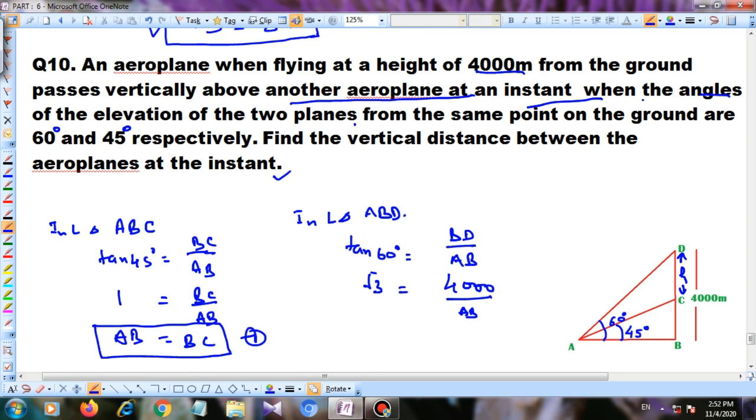So the value of AB will be 4000 upon root 3 meter. Clear? But AB is equal to BC. It means BC will be 4000 upon root 3 meter.